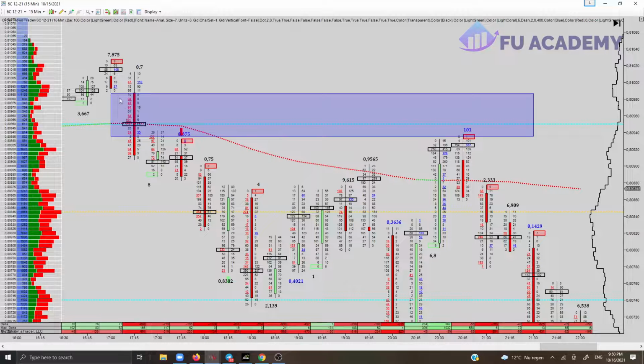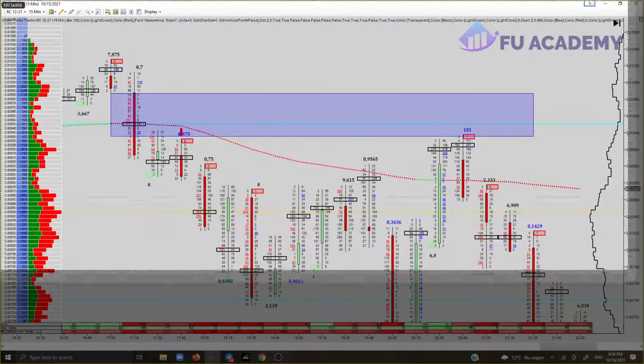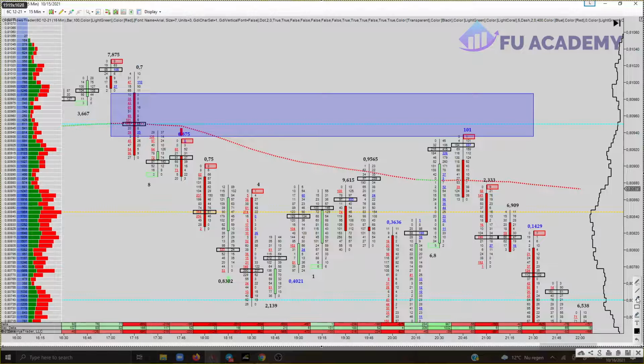You're seeing this blue shaded rectangle. I've made this rectangle to show you that this is the drop we saw from the CAD chart. Pay attention to this candle, only this candle. What was there in this candle?